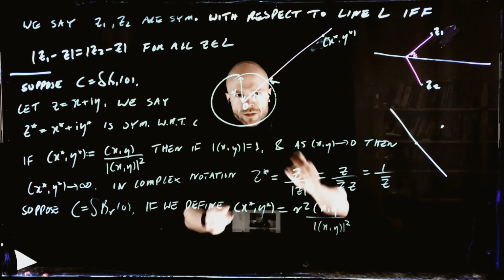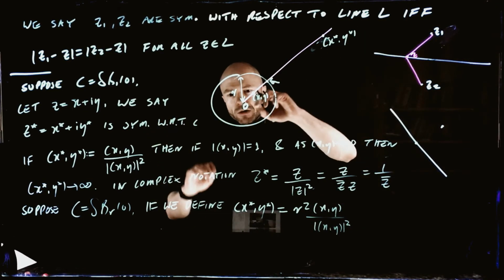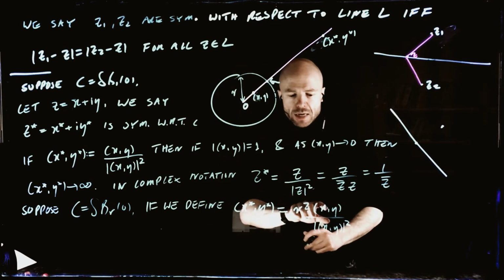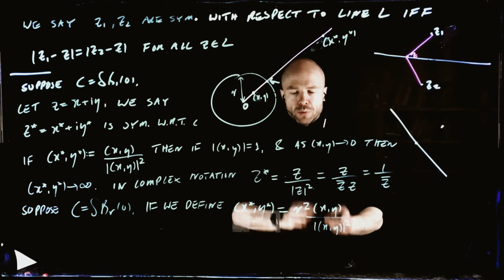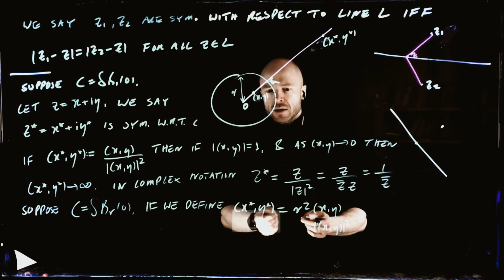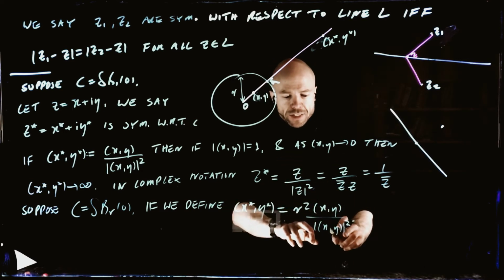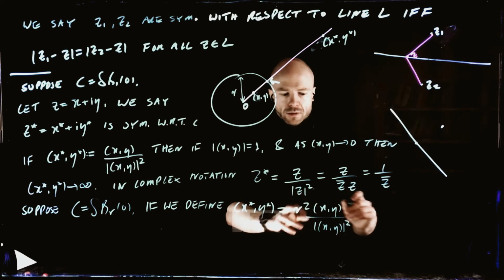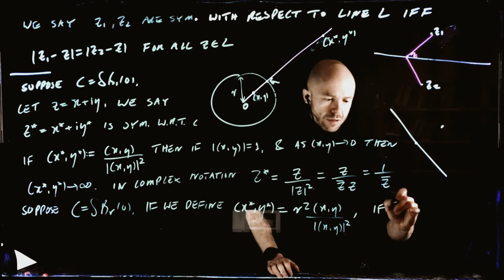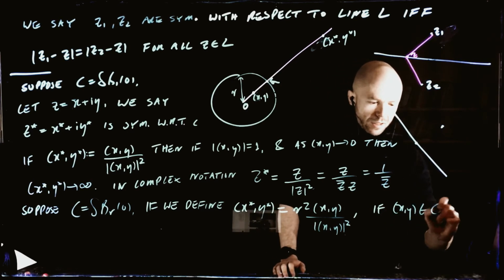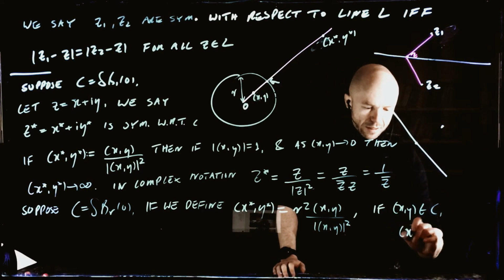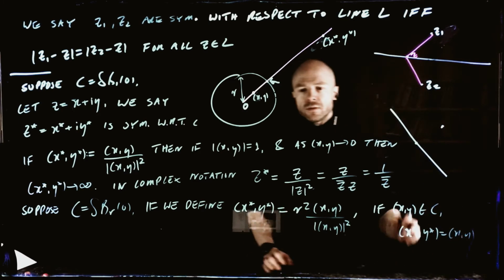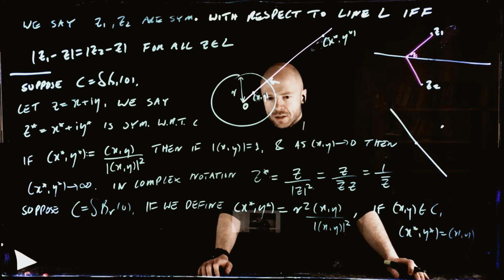Then all these properties of remaining on the same ray, 0 tending to infinity, are true. And when it happens that xy is on the ball of radius r, then this thing on the bottom is r squared, so we end up not changing it at all. Yeah. So, if x comma y belongs to C, then x star, y star is just equal to xy. Yeah. So that thing does the thing that we want.